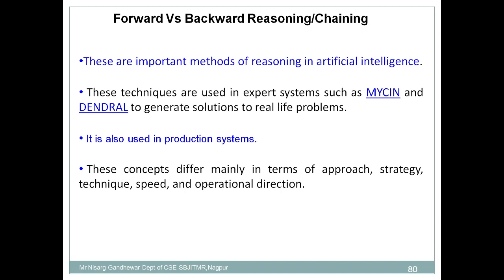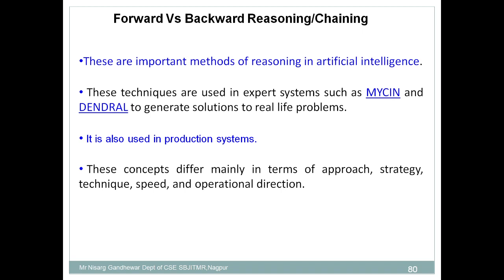The concept of forward and backward reasoning can be used in expert systems such as Mycin and Dendral. Mycin is one expert system, and Dendral is another, and both are part of healthcare systems, used to generate solutions for real life. This reasoning concept can also be used in production systems.